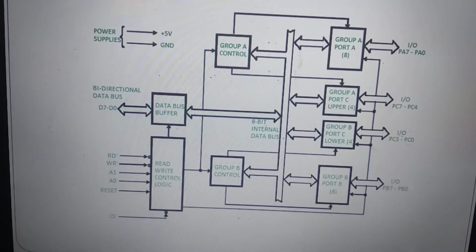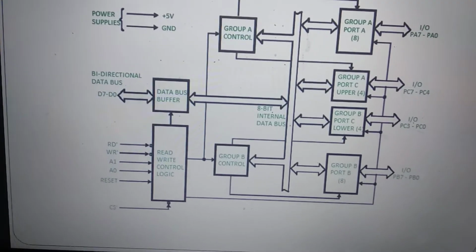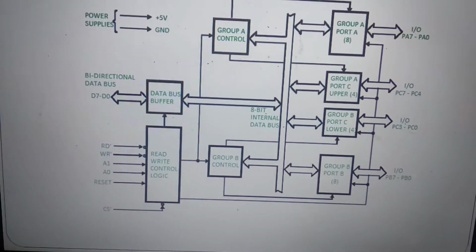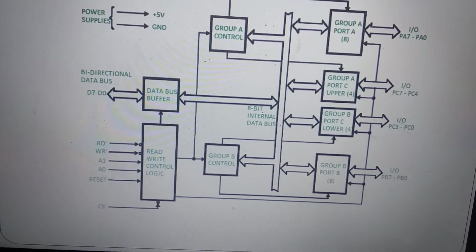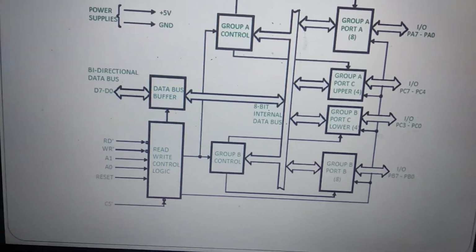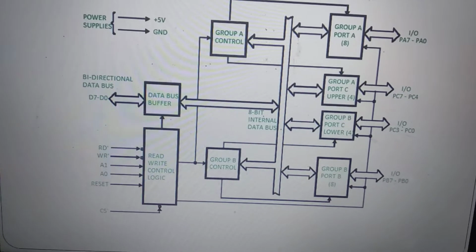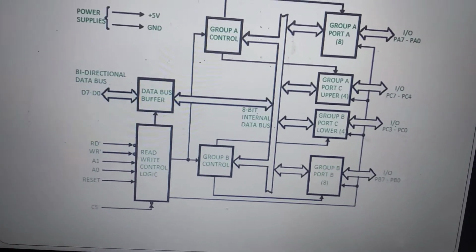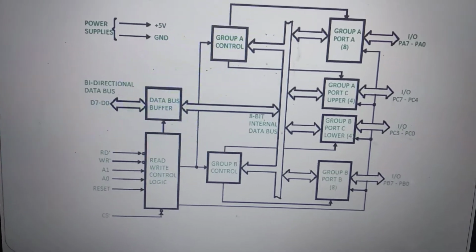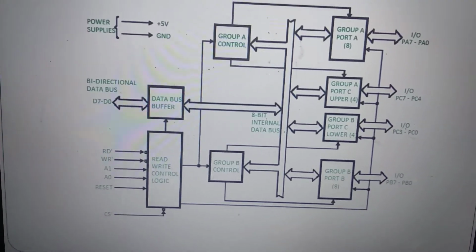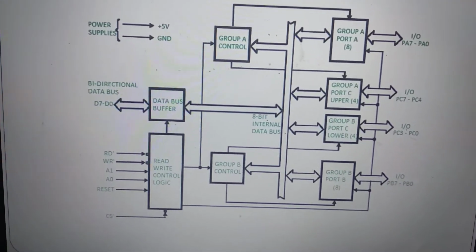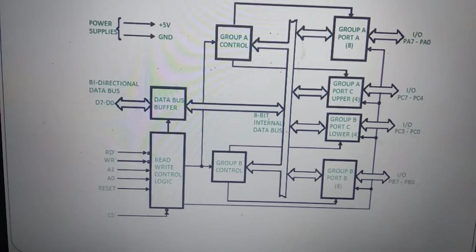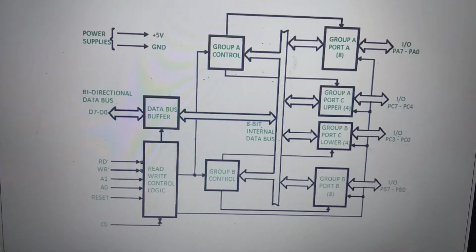The control logic unit has read bar, write bar, and A0 and A1, which are the two address lines of the microprocessor or microcontroller with which it is to be interfaced. In this case, they are the A0 and A1 address lines of the 8085 microprocessor, and it is also an active low device.